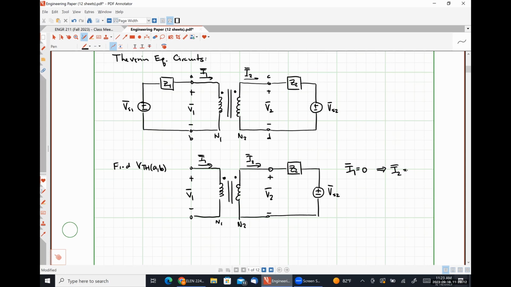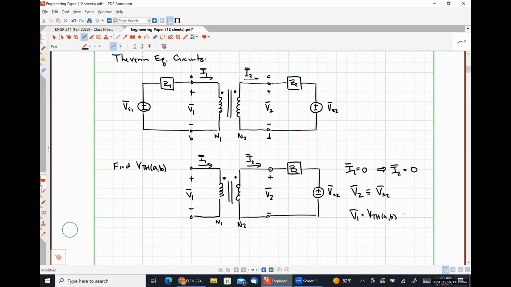So if I1 is 0, I2 should be 1 over A times I1, still going to be 0. If I2 is 0, what's the voltage drop across this impedance Z2? 0. So what's the relationship between V2 and VS2? They're the exact same thing, right? So V2 must be equal to VS2.